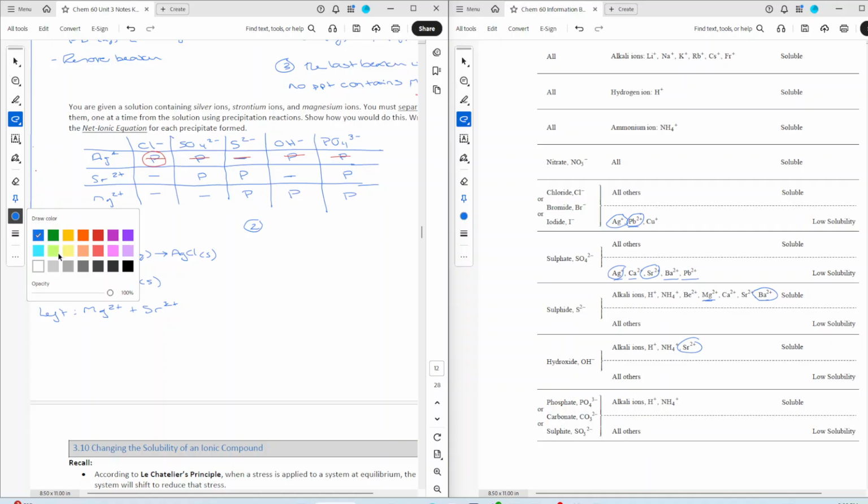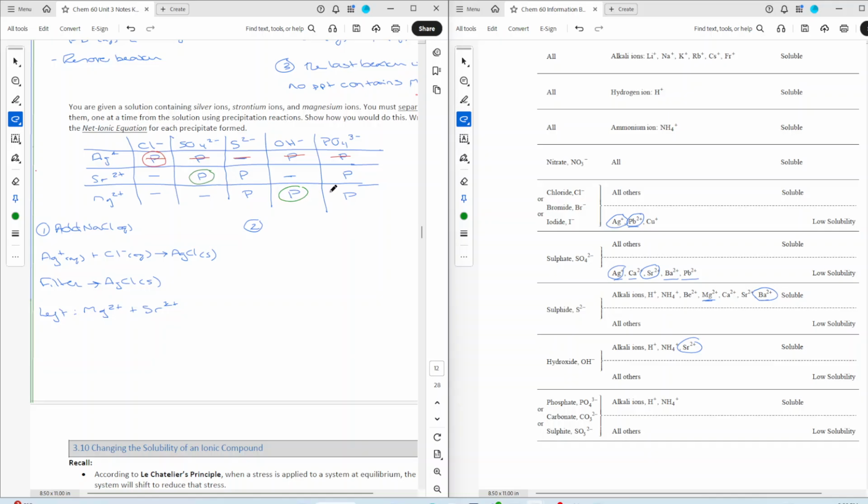We could go for the sulfate, because that would precipitate the strontium but not the magnesium, or we could go for hydroxide, which would precipitate the magnesium but not the strontium. So it's kind of your choice. What do you want to do? Right? So you guys can't talk back to me, so let's do sulfate.